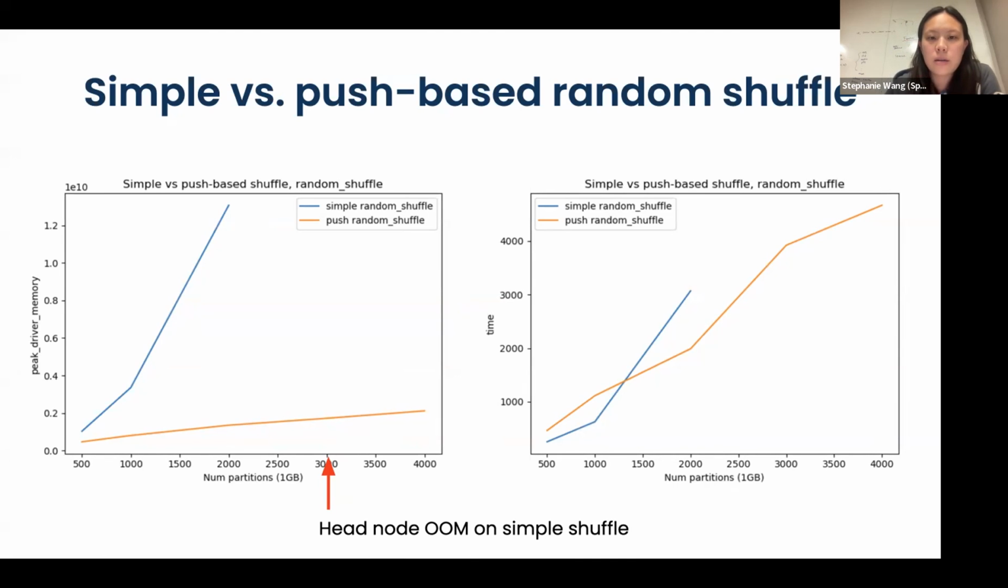On the right-hand side, we're showing the total runtime. And you can see that the performance is similar up to about 500 gigabytes, but that the push-based shuffle continues to scale past 2 terabytes of data. So in the future, we're also planning to extend Ray Datasets to be able to automatically pick the best algorithm in cases like this.